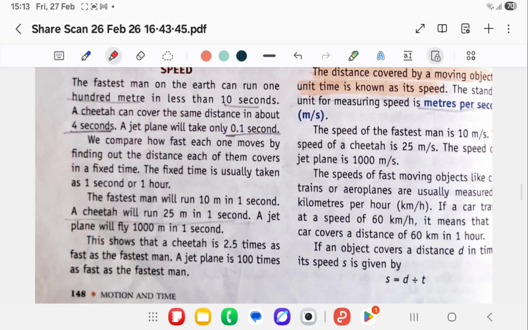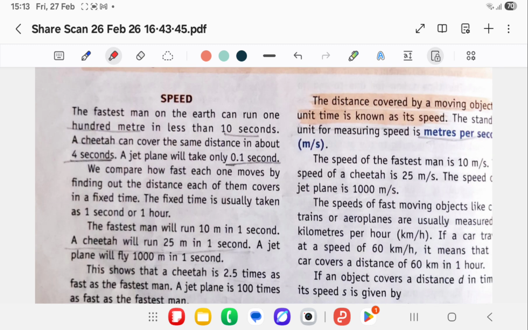Speed means whatever distance you are covering in a given time, that is, how much time you are taking to cover a distance. If you are coming from your home to school, a distance of 10 kilometers, and you take 10 minutes to cover it, then your speed is the distance covered in that time.